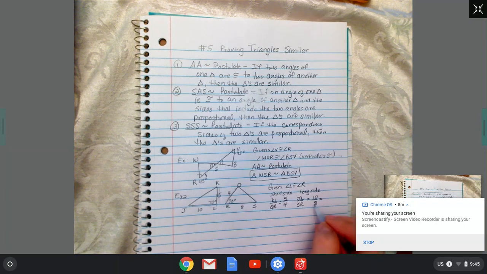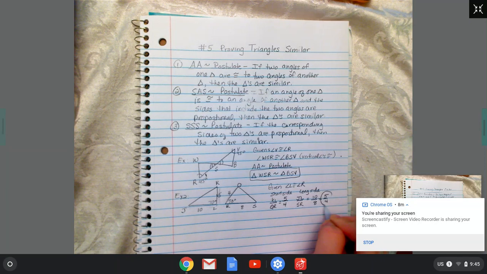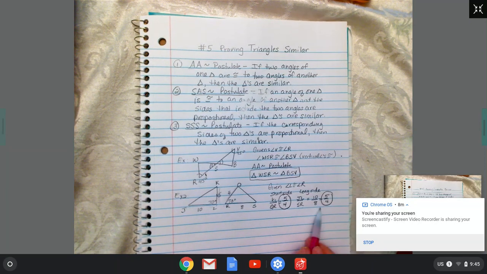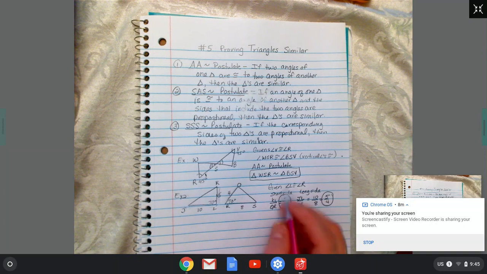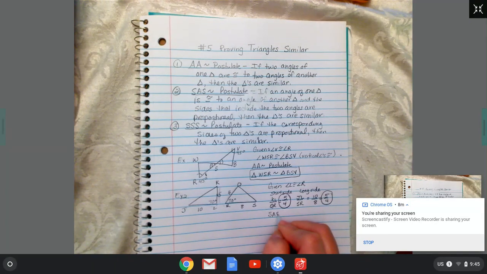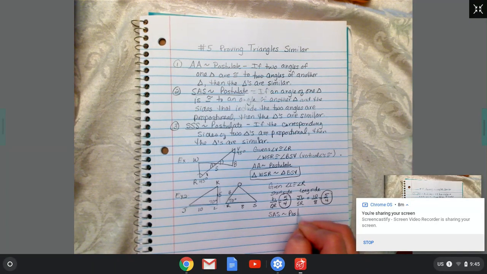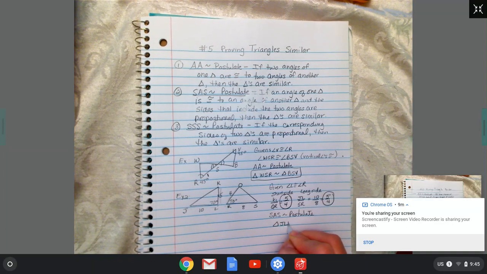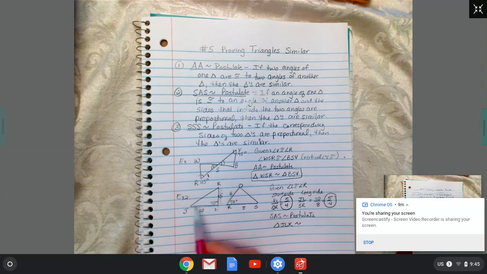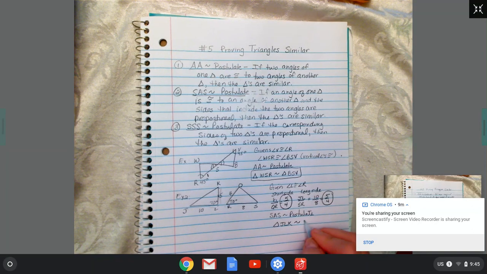If I divide these by 2, I get two sides that are proportional, and it's side angle side. The angle is included. So by the side angle side similarity postulate, we can say triangle JLK is similar to triangle SRQ.